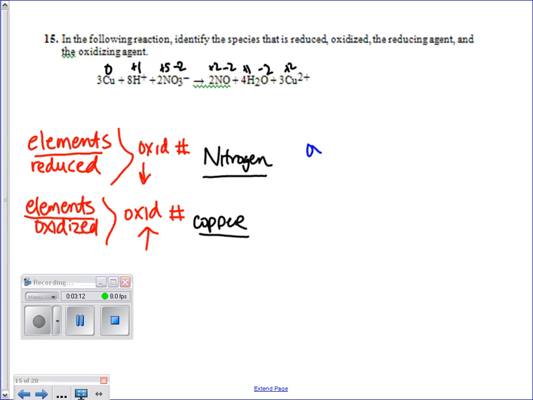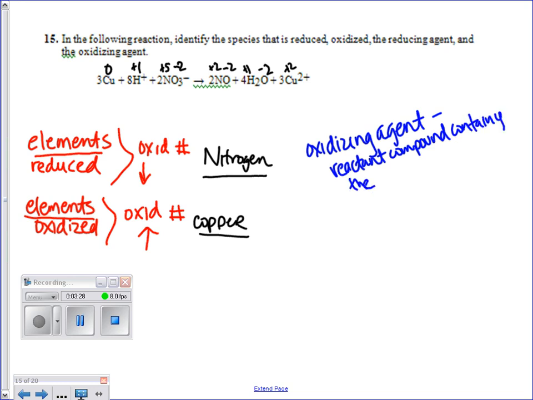The oxidizing agent is the full reactant compound containing the element what? It's backwards. The element reduced, exactly. That is so not right. Why did they do that?